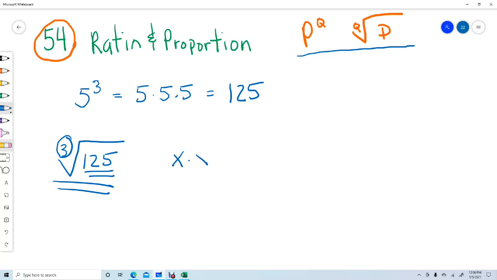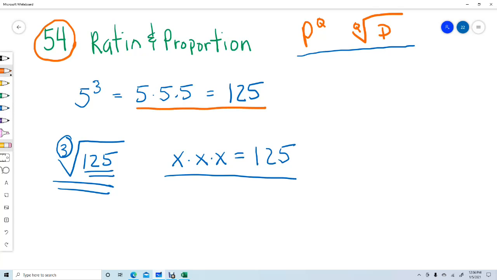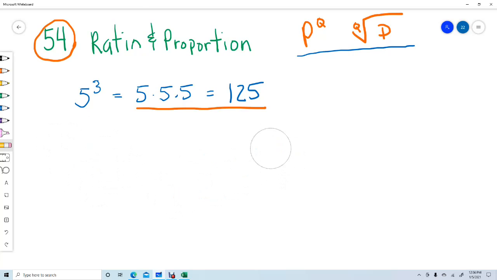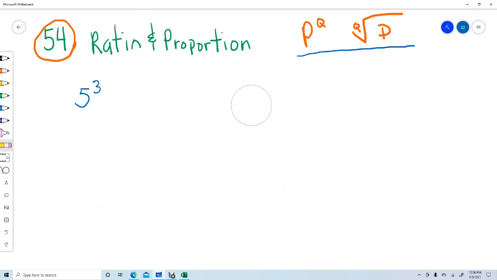Does that look familiar? We can see the number's 5. We just did it. I just want you to understand how to work these problems. So the cube root of 125 equals 5. 5 cubed is 125.